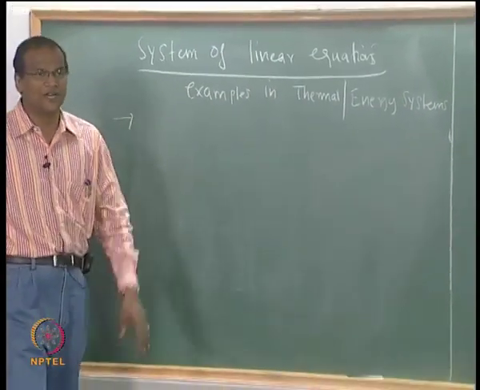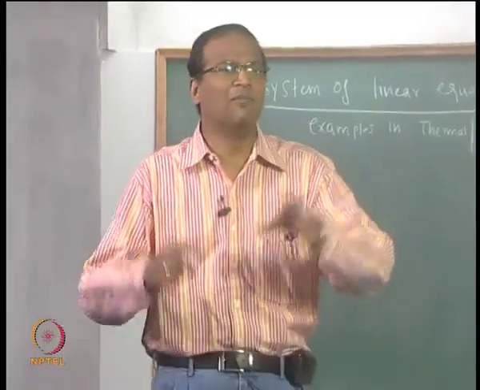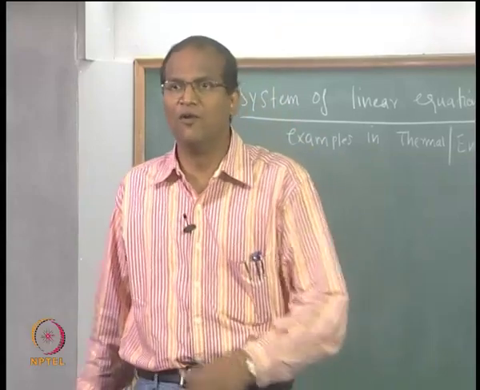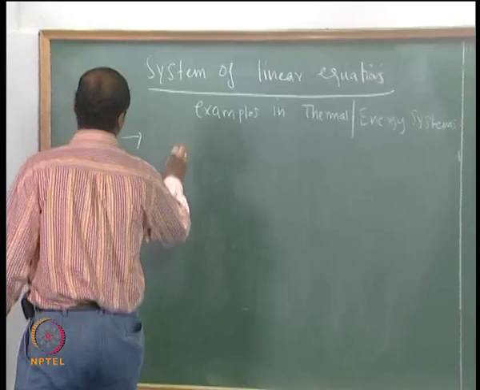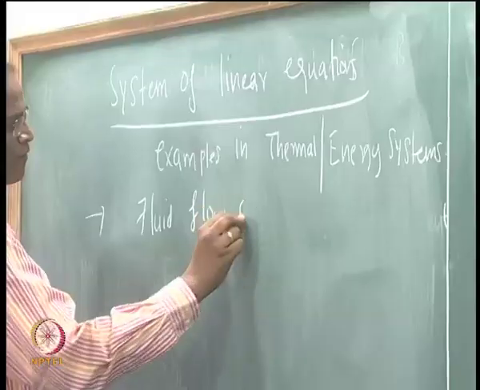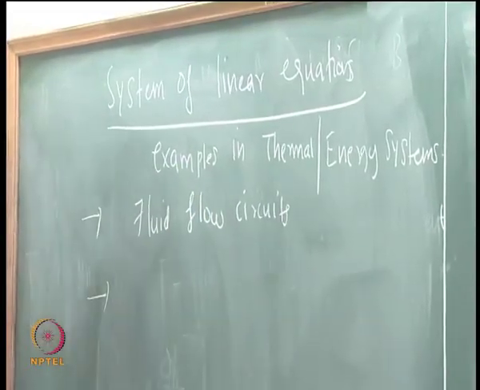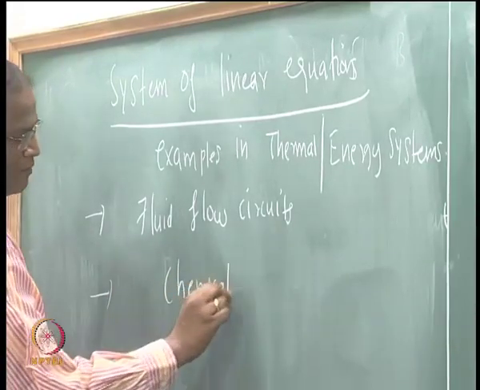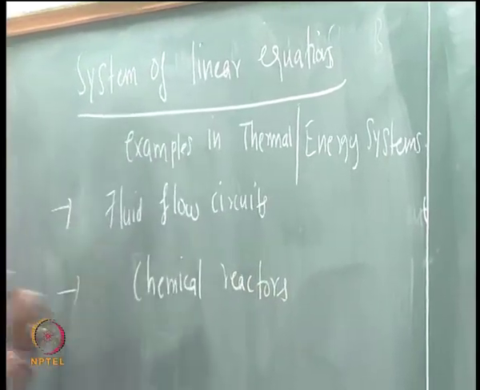Fluid flow circuits. From a source it comes through one pipe, then it branches out, it goes into various branches, and you are trying to find out the mass flow rate going through various components, and then pressure drop characteristics. Then chemical reactors, these are all linear systems.